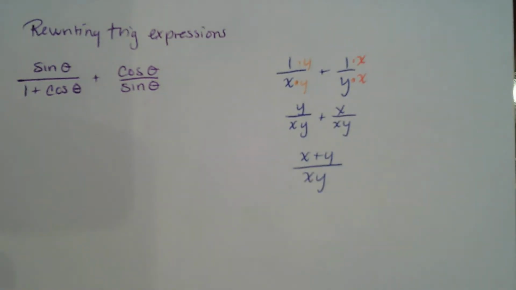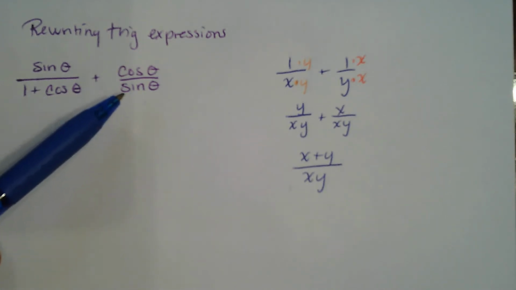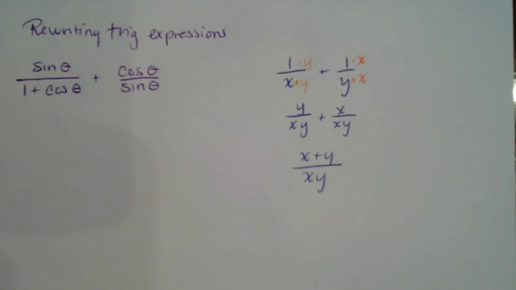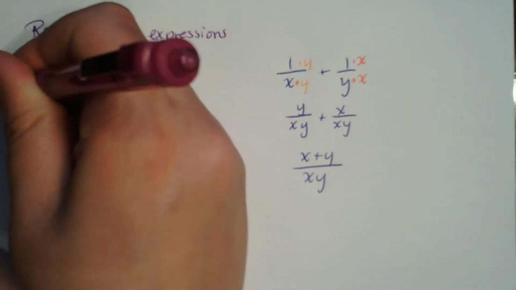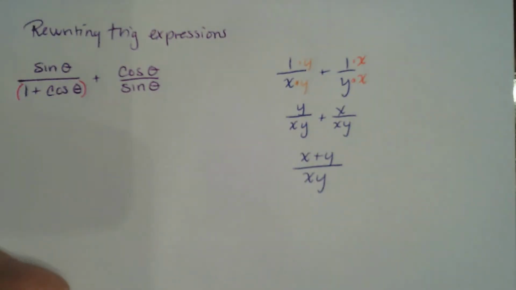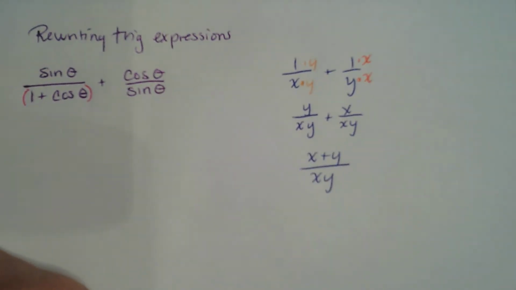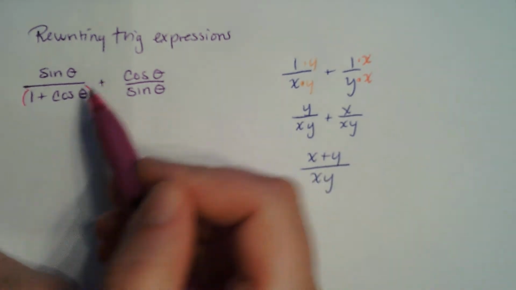So we're going to use that same exact idea here. We're going to look at the bottom here, look at the bottom here, and say that we need them to both have the same bottom, the same denominator. All right, so the first fraction has a 1 plus cosine theta, which I'm going to keep in parentheses because that's the entire bottom.